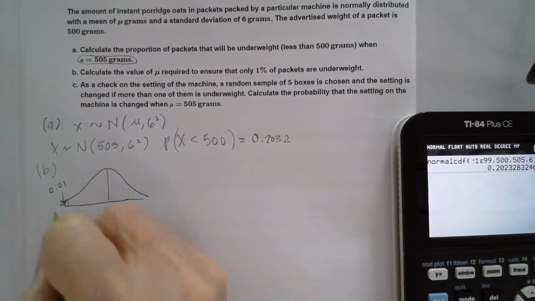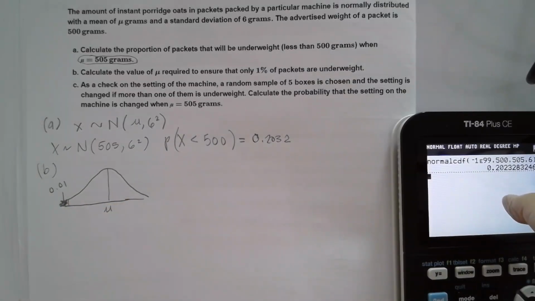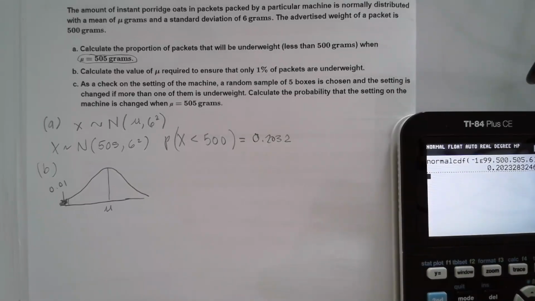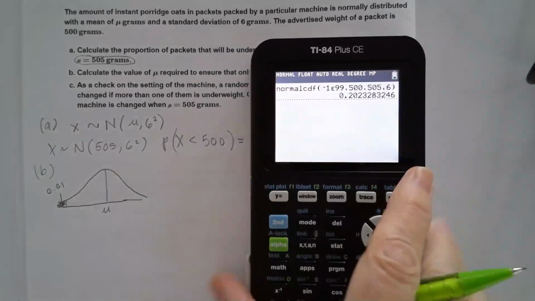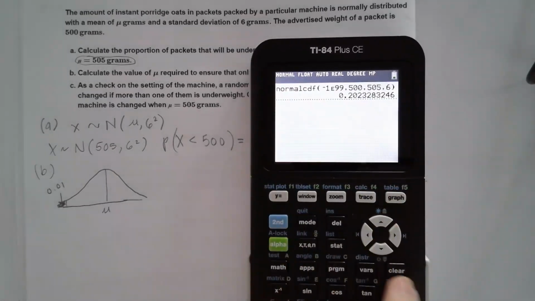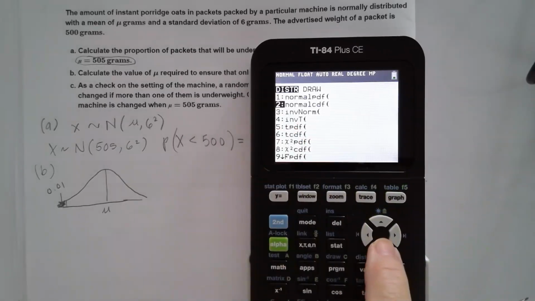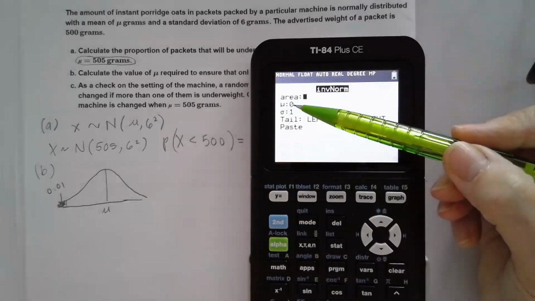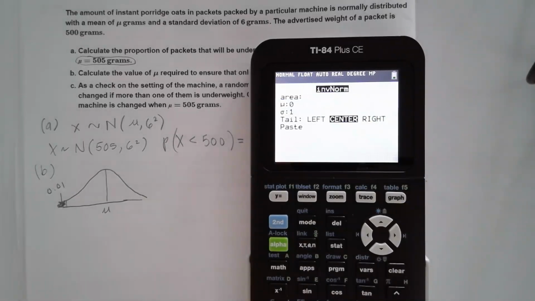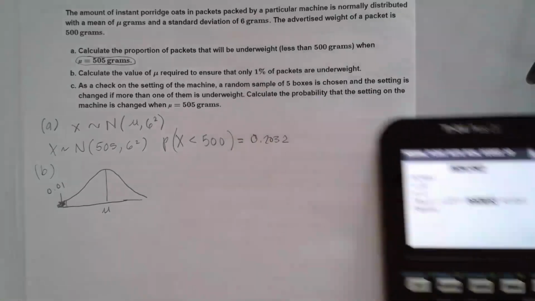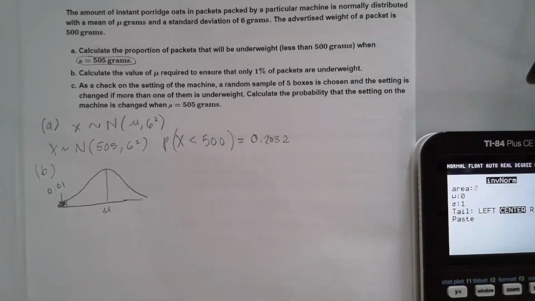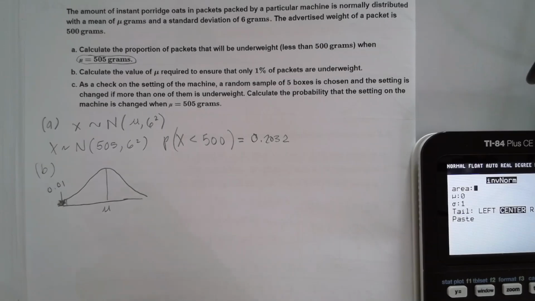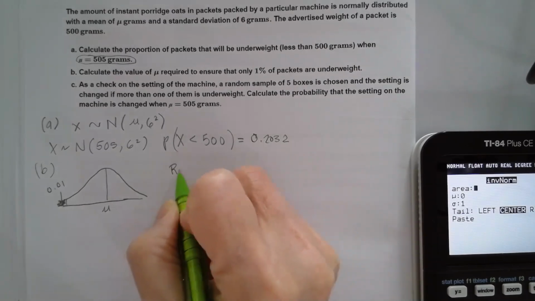And when I have that area, what do I have to use on my calculator? Well, second distr, inverse normal. But when I get to inverse normal, it requires that I have the mean, and I don't have the mean. So what happens when you don't have the mean? Do Z. Yeah? Okay, so we'll put that.